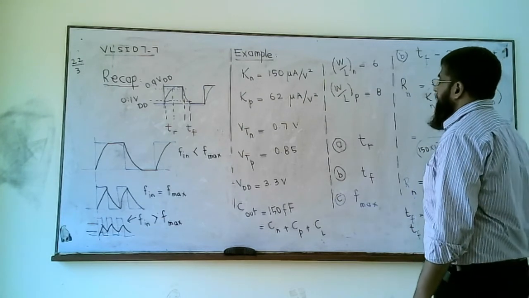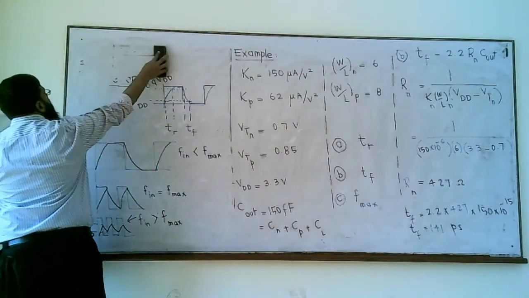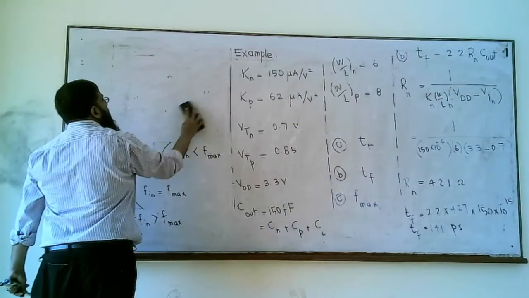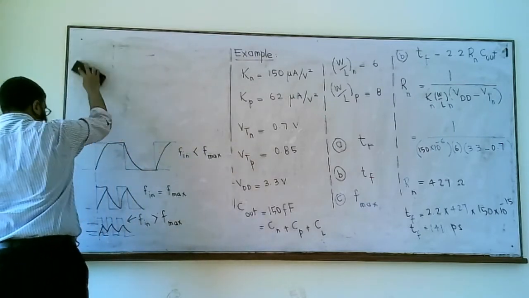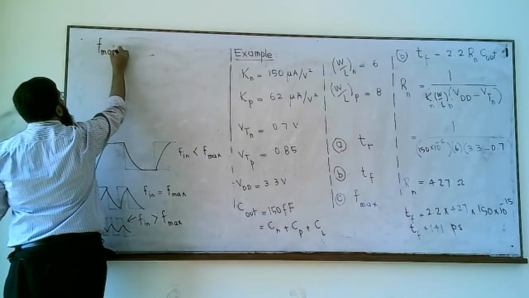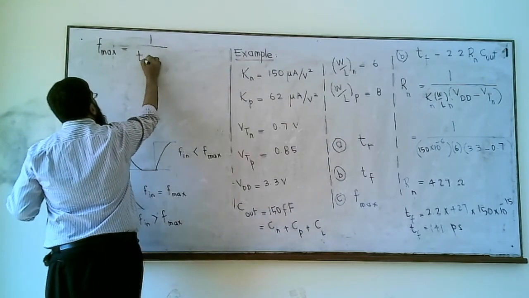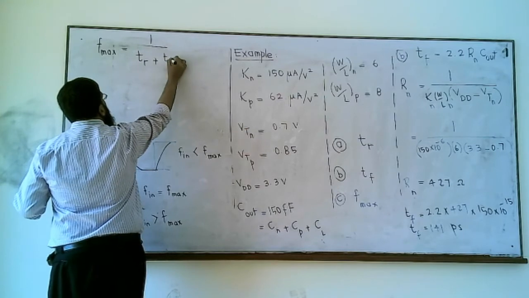F max can be computed using this formula. F max is simply 1 over TR plus TF.